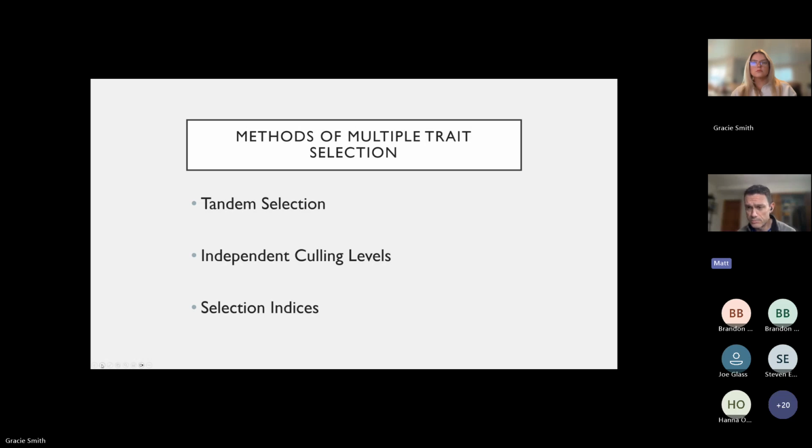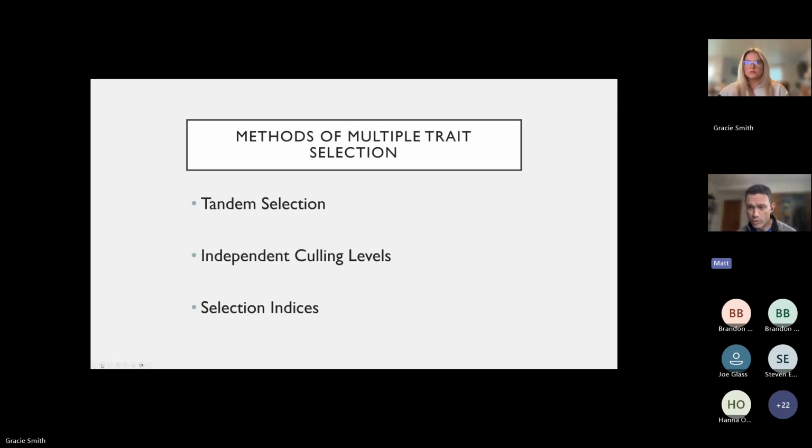The problem with tandem selection, outside of being just inefficient because you're only focusing on one trait at a time, is that these traits are correlated to each other, which means that once I stop selecting on post-weaning gain, if all of a sudden I start selecting to decrease birth weight because I want to reduce dystocia problems, I may actually begin to erode the progress I made in the first trait I selected on, right? So tandem selection: inefficient and can be counterproductive over the long term.